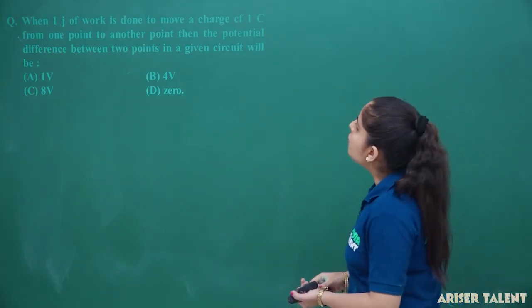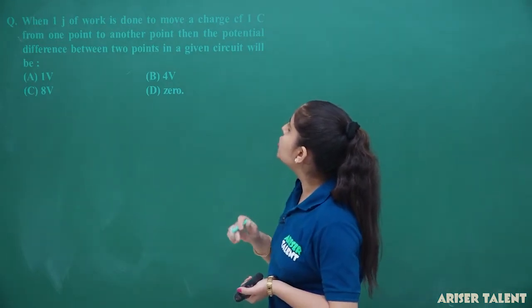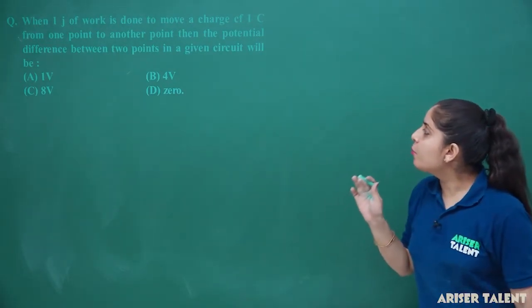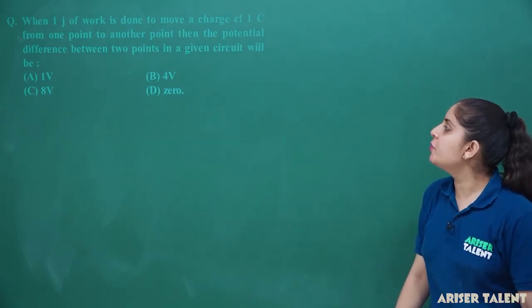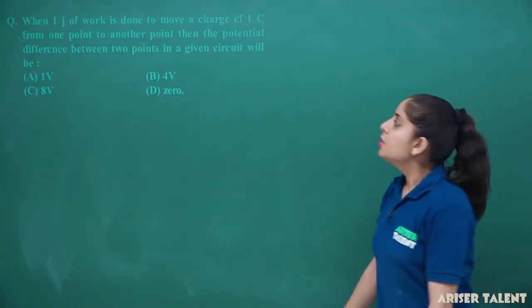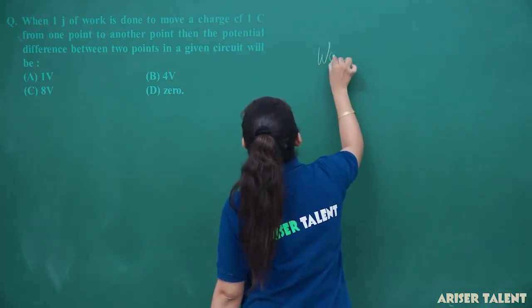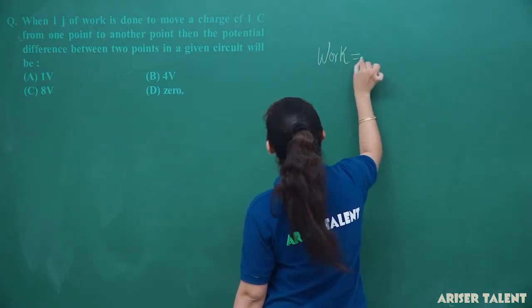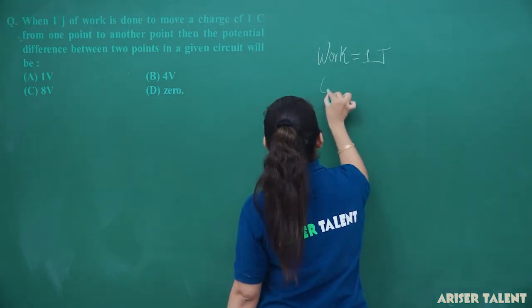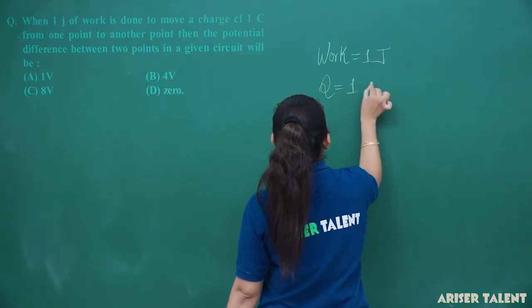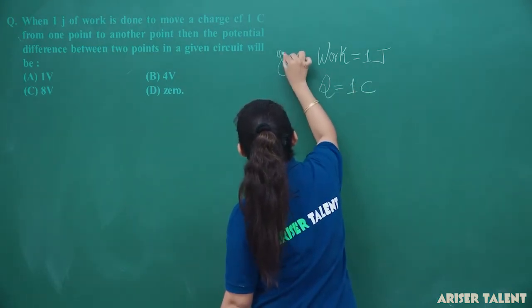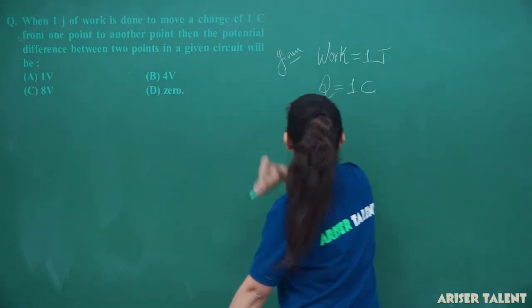When 1 joule of work is done to move a charge of 1 coulomb from one point to another, then the potential difference between the points will be. So what are you doing? You are doing a work of 1 joule. And what is the value of charge here? Charge is 1 coulomb. So these are the given conditions you are provided with.